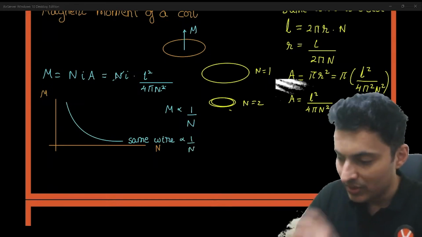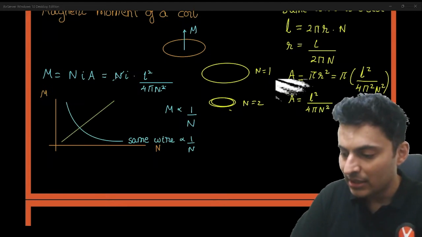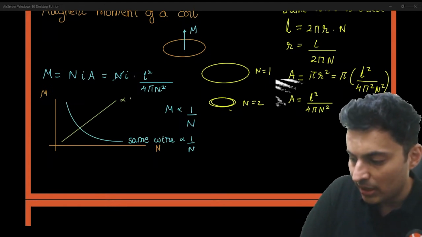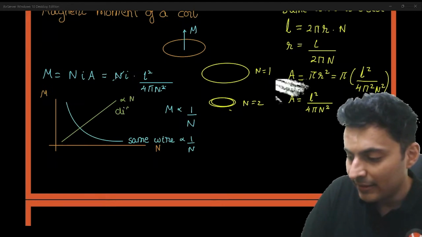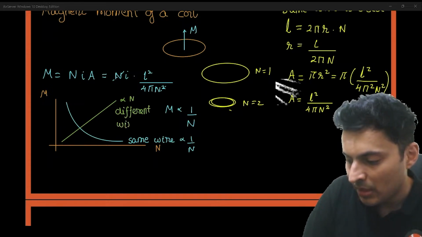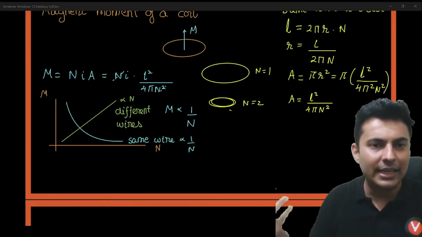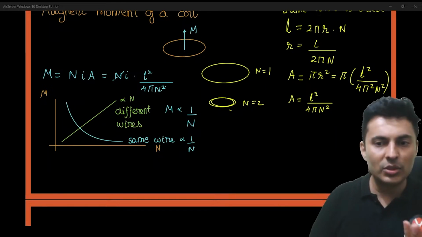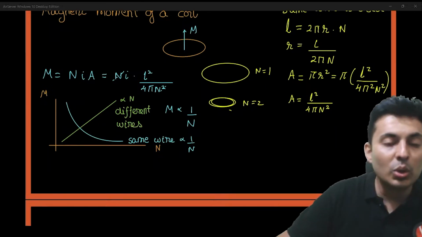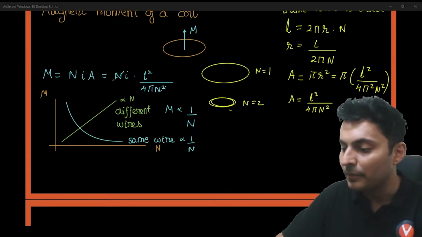But if you use different wires, then it is proportional to n. If you can have a longer wire with more turns, then it is proportional to n. Understood? There are two different scenarios over here. That's why I have discussed this in detail.